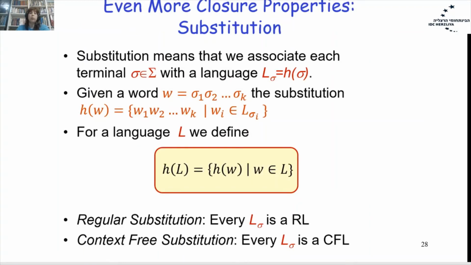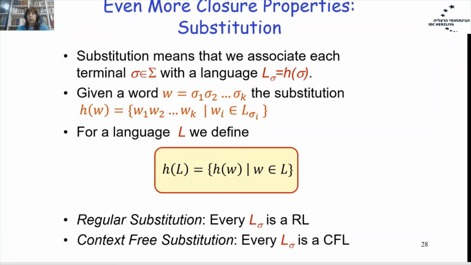Let's talk about additional closure properties. Let's talk about substitution. Substitution means that we associate each terminal sigma from our alphabet with a language L sigma, which can be computed as some function h on the letter sigma.